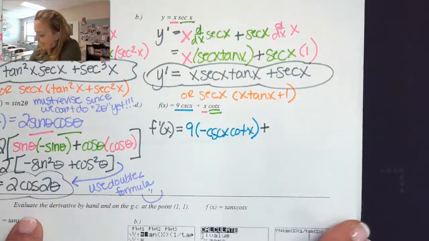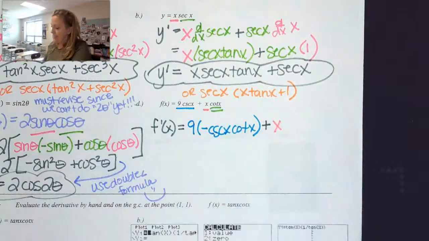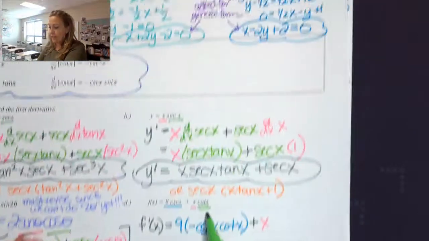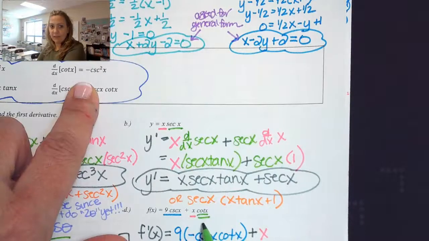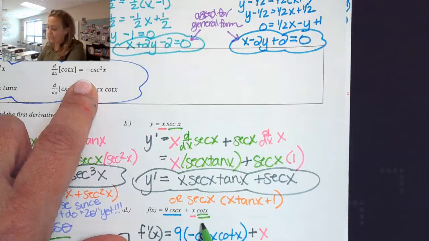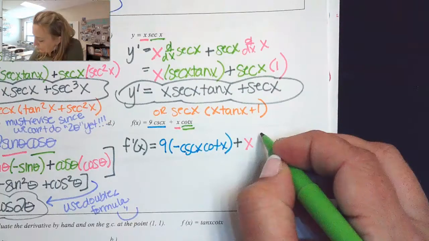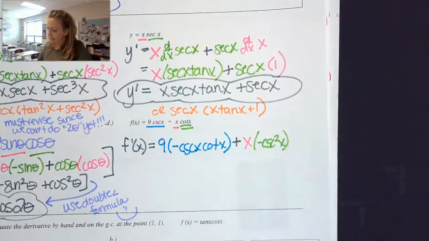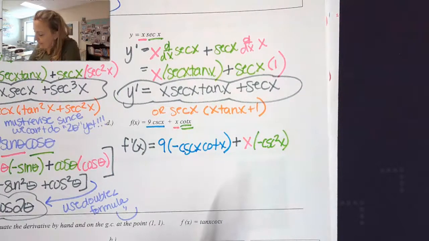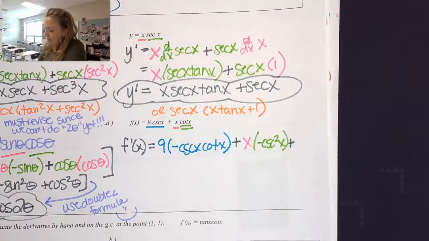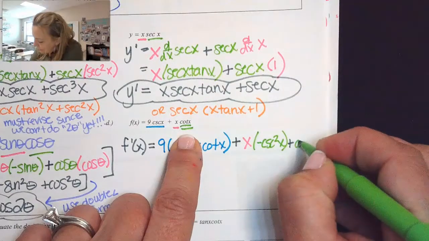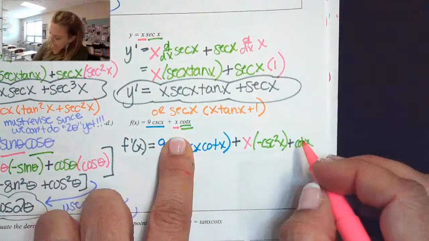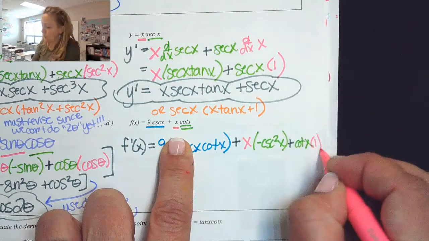I'm going to take x times the derivative of cotangent x. The derivative of cotangent x was the opposite of cosecant squared x. So times the opposite of cosecant squared x. And then when I use the product rule, I'm going to then add the cotangent of x times the derivative of x, which is just 1.